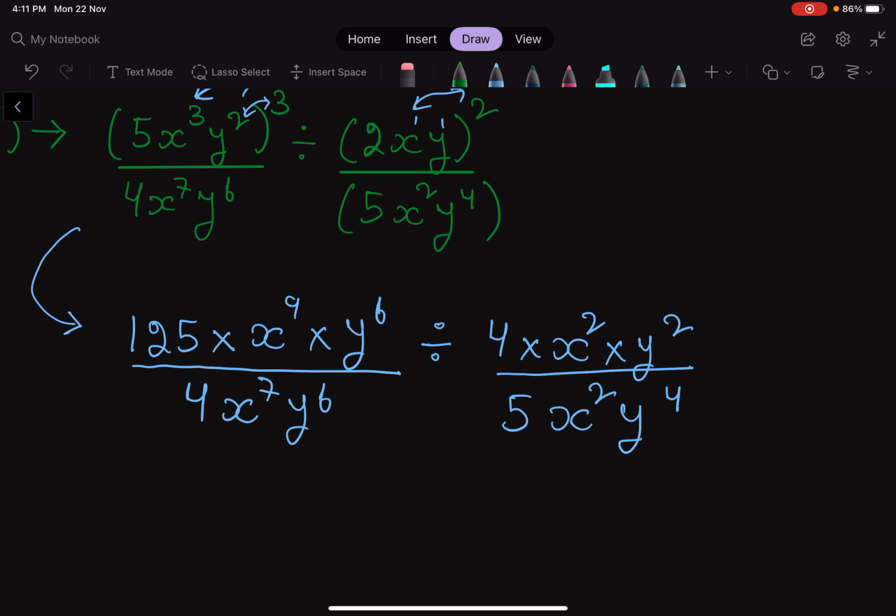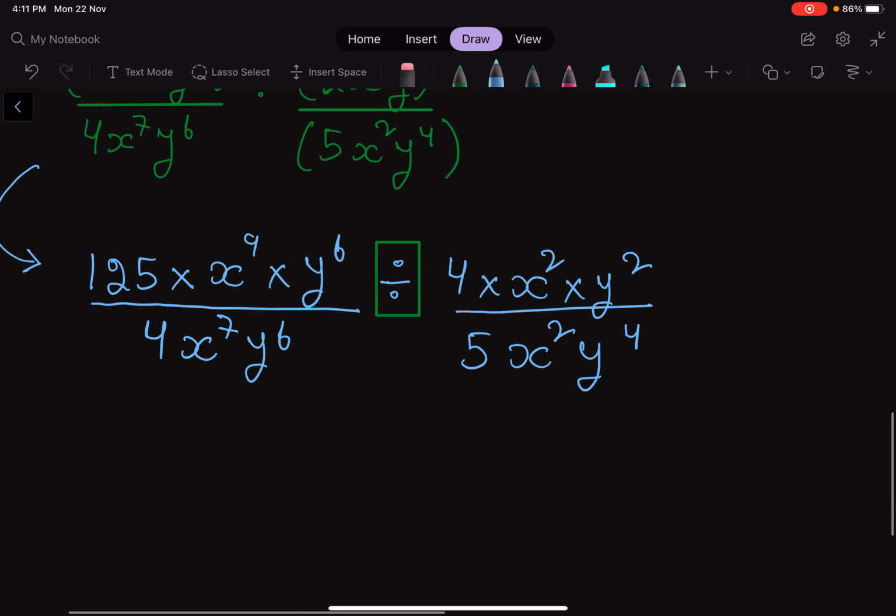Now when you see, it's actually division here, so to make it multiplication and for the sake of calculations, we take reciprocal of this term.